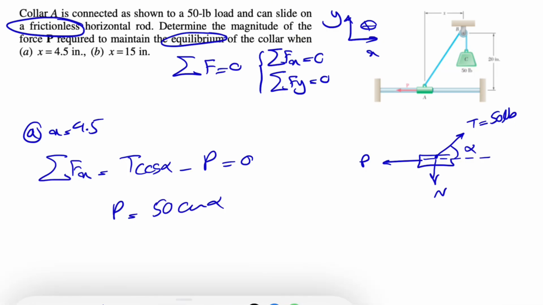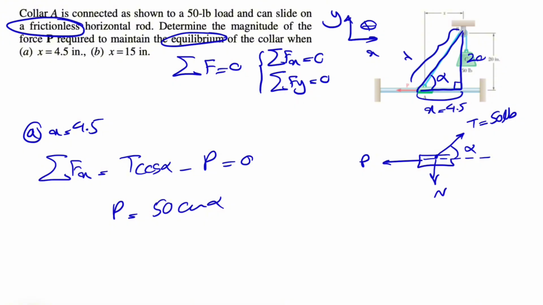What we're going to do for finding the alpha: if we look at this right triangle, this is the angle alpha that we call. This side is x, which in the A part is 4.5, and we have 20 inches on the other side of this right triangle. And if we want to find the hypotenuse, we have the square root of 20 inches squared plus 4.5 squared.